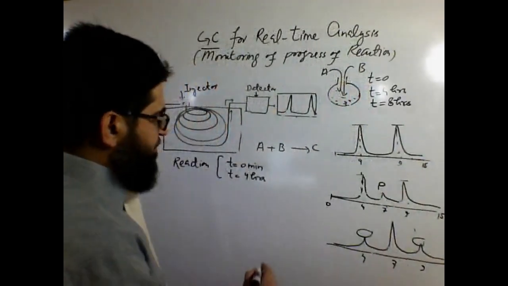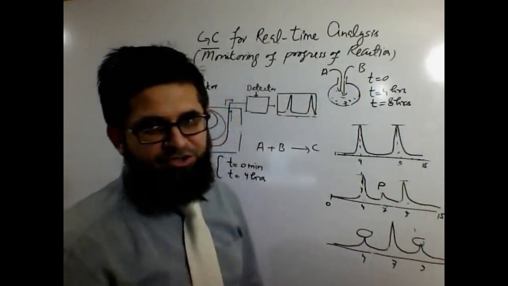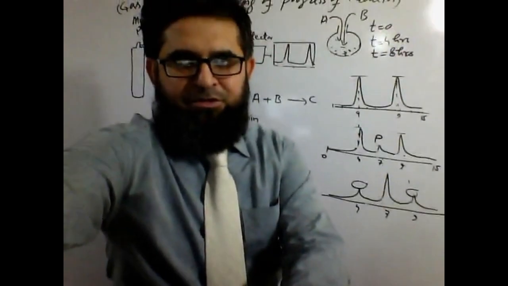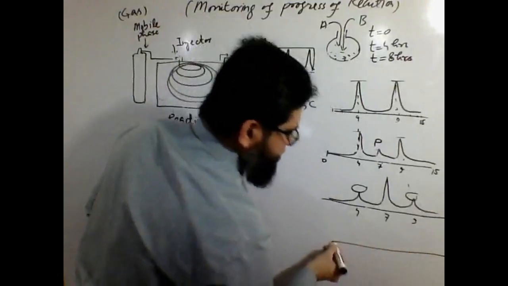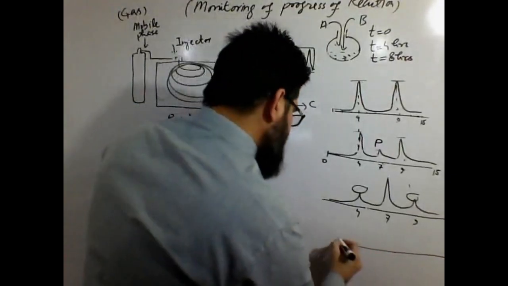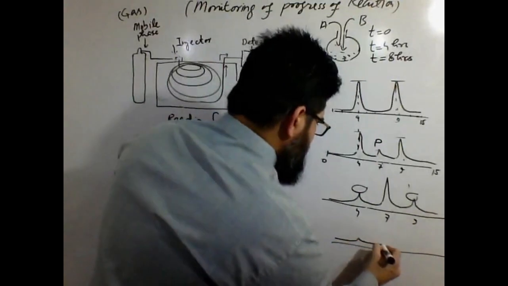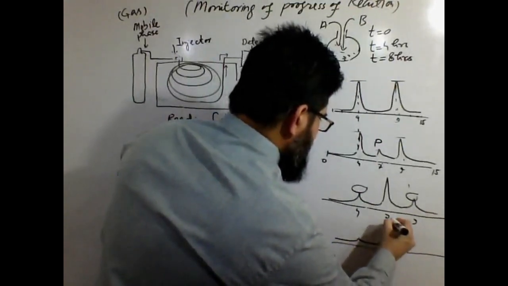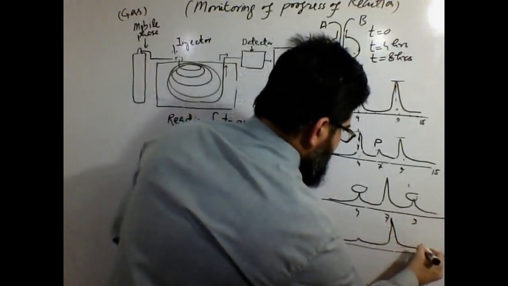Then after 12 hours, I should have drawn it at the same place, then you could understand better. Let's say after 12 hours, there would be a very little peak at 4 minutes, a very high peak at 7 minutes, and again a very little peak at 9 minutes.